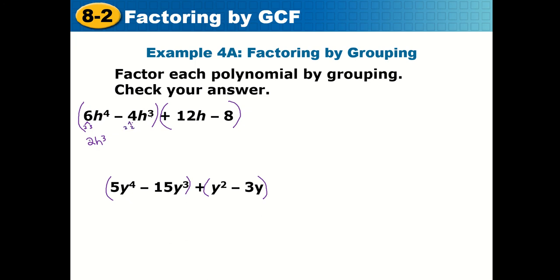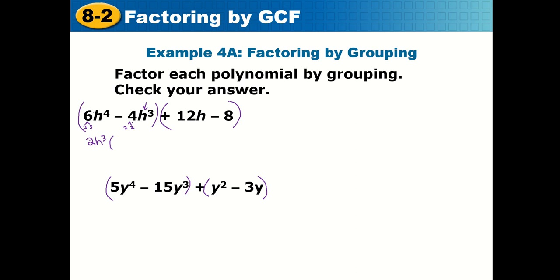And going back to what it said, the variable with the lowest exponent is going to be your greatest common factor. So that's why I know my factor of 6 and 4 is 2, and that's why I put h cubed in there, because there's an h cubed in this, and then there's an h cubed in here.